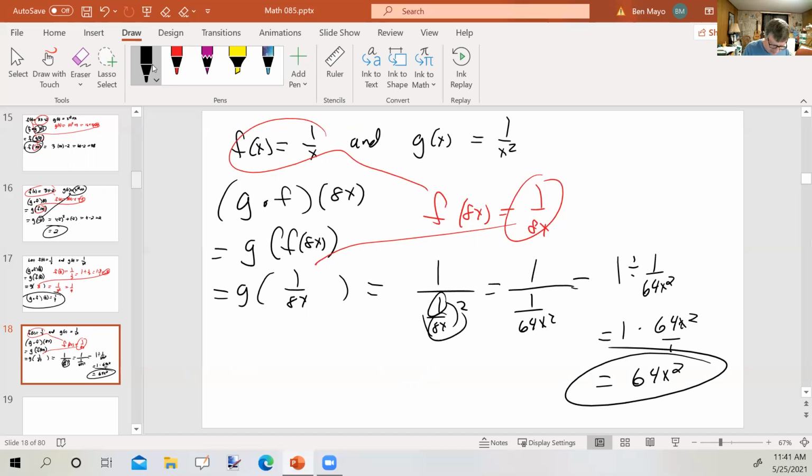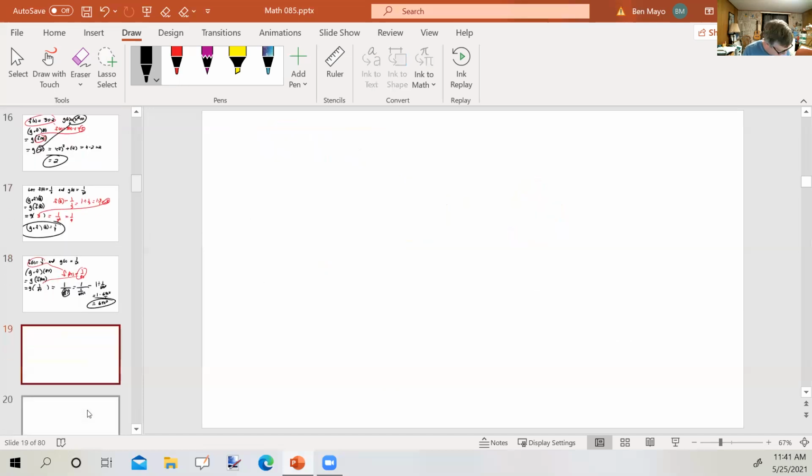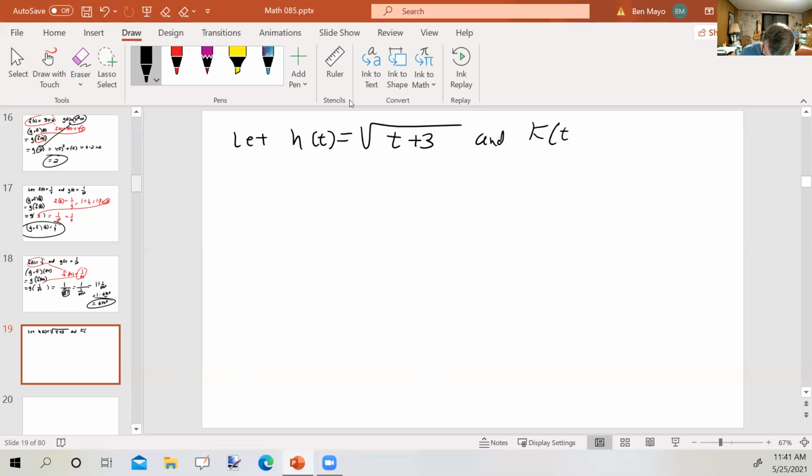Okay, let's see here. How about this? Let h of t equal the square root of t plus 3 and k of t equals t minus 5. Let's find h composed with k of 18.